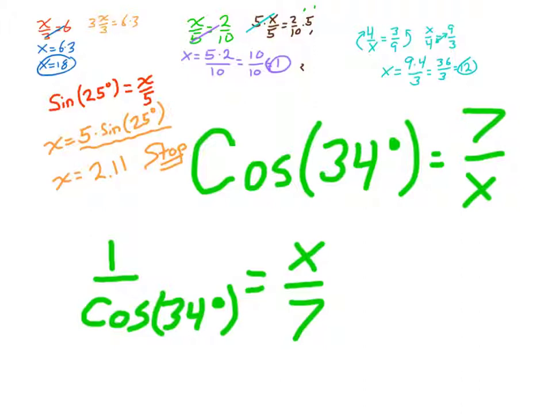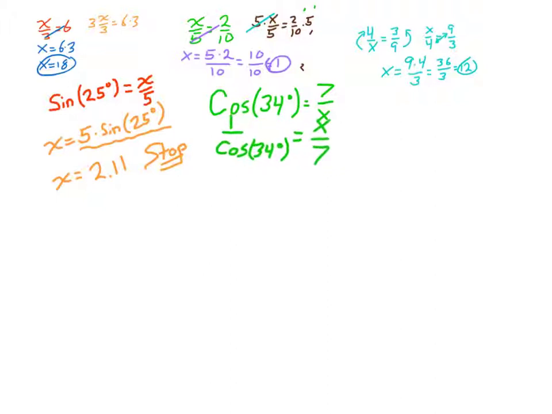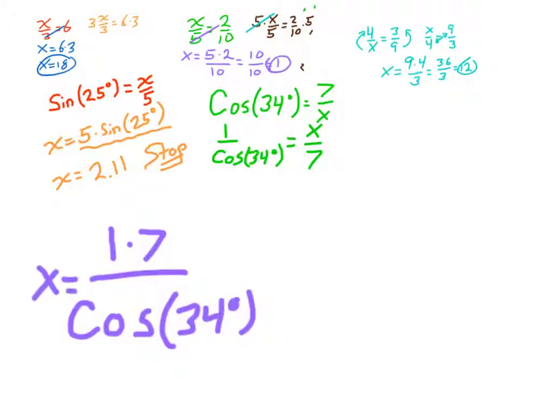I need to shrink some things down because I'm running out of space. There's that. So we flipped it upside down. So now for the cross multiplication, I had the 1 times 7 divided by cosine of 34 degrees. And x is equal to that thing.